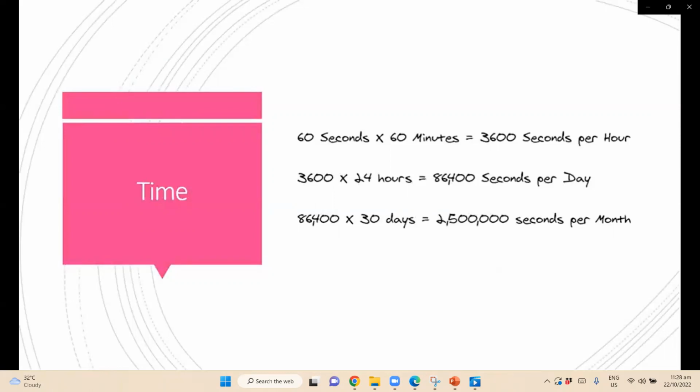Roughly, if you want to estimate monthly traffic, you've got about 2.5 million seconds per month. So once you know how many total requests you're getting, you can just divide by each of those values to get requests per month, day, hour, or second. It's always good to have those conversions probably memorized, because it makes things easier.